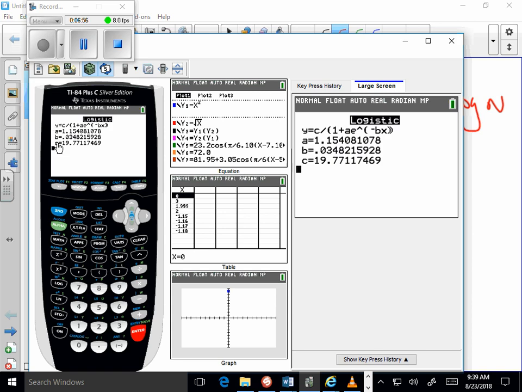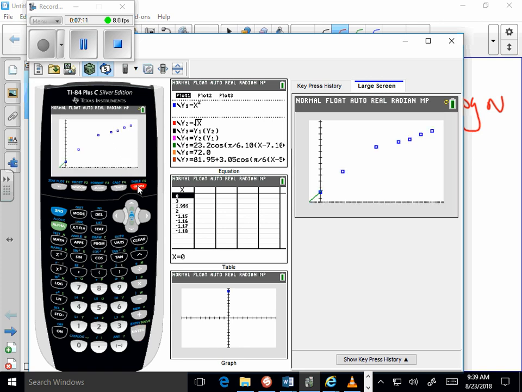It builds this logistic equation, and notice my carrying capacity, my C, is 19.77 million people, maximum population. Okay, so let's see what happens when we graph this. Pretty good fit so far.